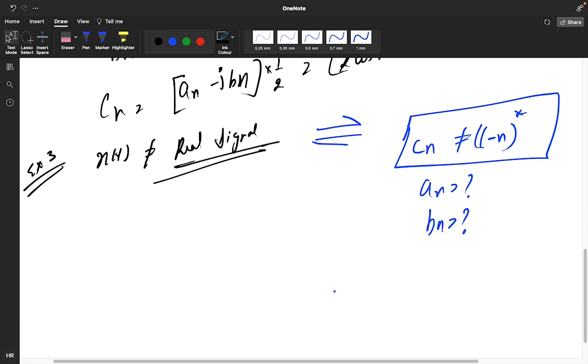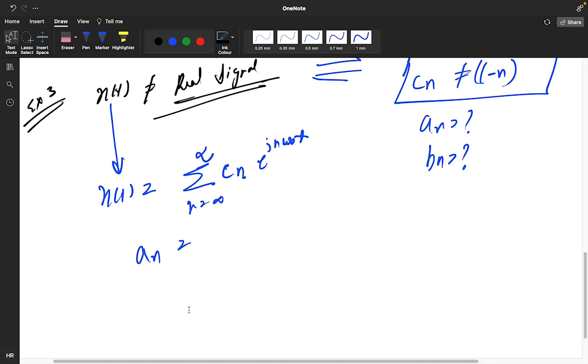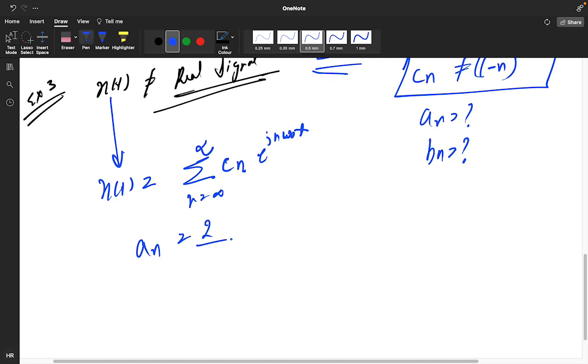Okay, so x of t, what you will do? Apply the formula. x of t equals summation n from minus infinity to infinity Cn e power j n omega naught t. So an will be 2 by t naught integral of x of t cos n omega naught t dt.